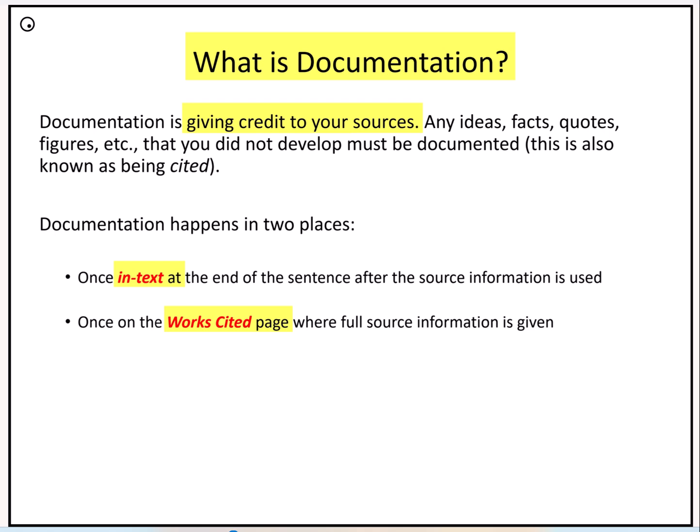So the in-text citation is just to give enough information to your reader to know what to look for when they go to the works cited page, so that they can find the full details of your source.